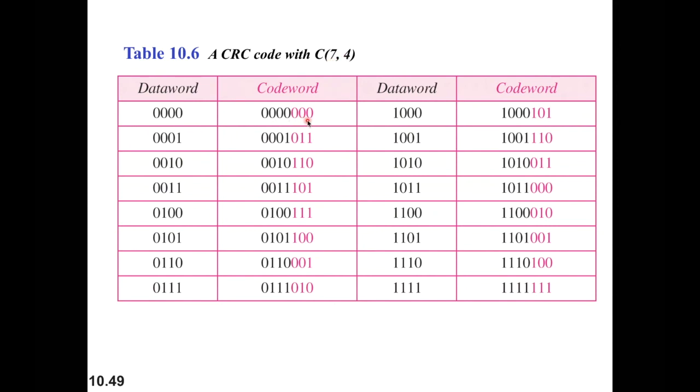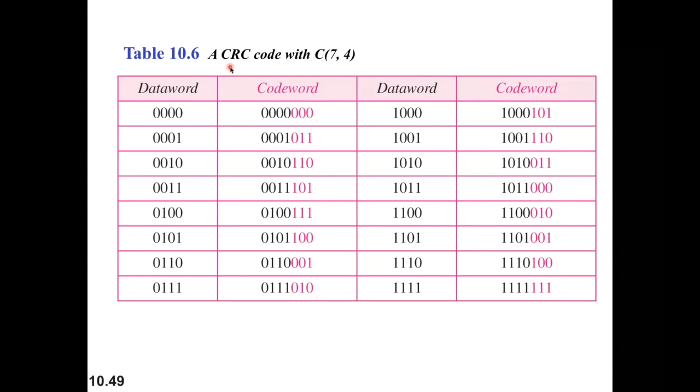These are our code words: 7 bits, 7 bits, 7 bits, 7 bits. So we come to know our original data word was 4 bits and our code word is 7 bits, so we are generating 3 extra bits here.